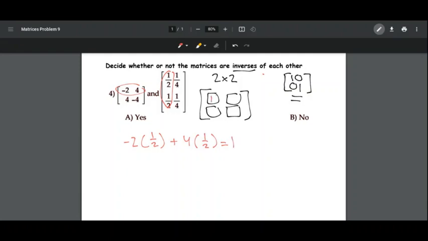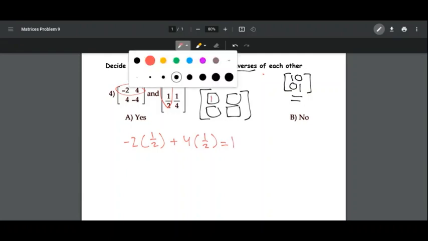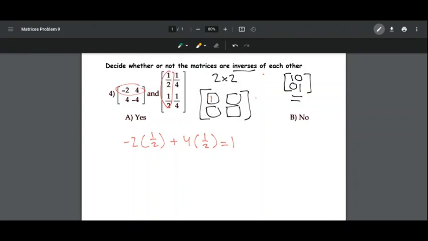And now the second element. We're going to take the top row of the first matrix and the right column of the second matrix. We're going to multiply -2 by 1 over 4 plus 4 times 1 over 4, equal to 0.5. So the second element is 0.5.